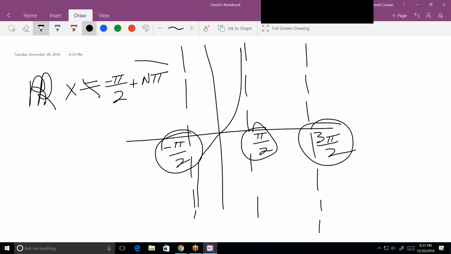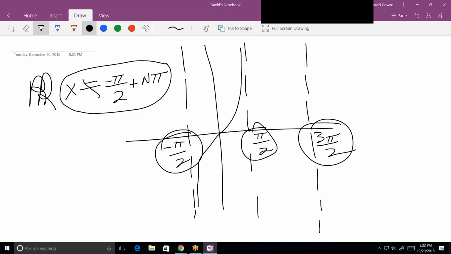So this answer, kind of get used to it because you're going to see that. It's an unusual way to describe domain when you have repeating vertical asymptotes. In other words, you don't really get repeating vertical asymptotes when you're talking about polynomials or rational quotients. You never do.